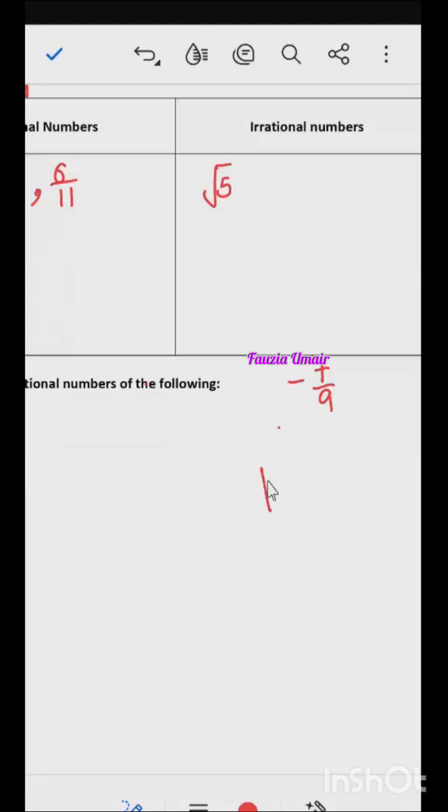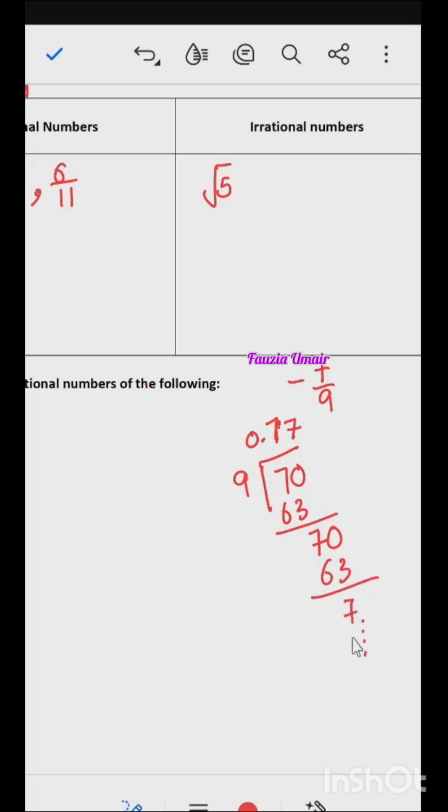So I will divide it. 7 divided by 9. 70, so 0. 7 nines are 63. So the remainder is 7 again. It will be 70 again, 7 nines are 63. So every time the remainder is 7 and this division will go on.